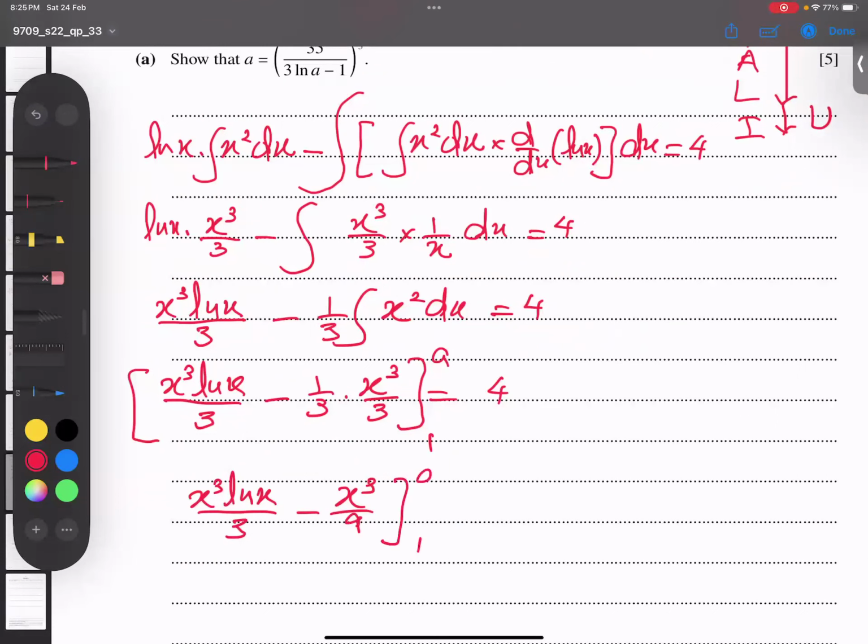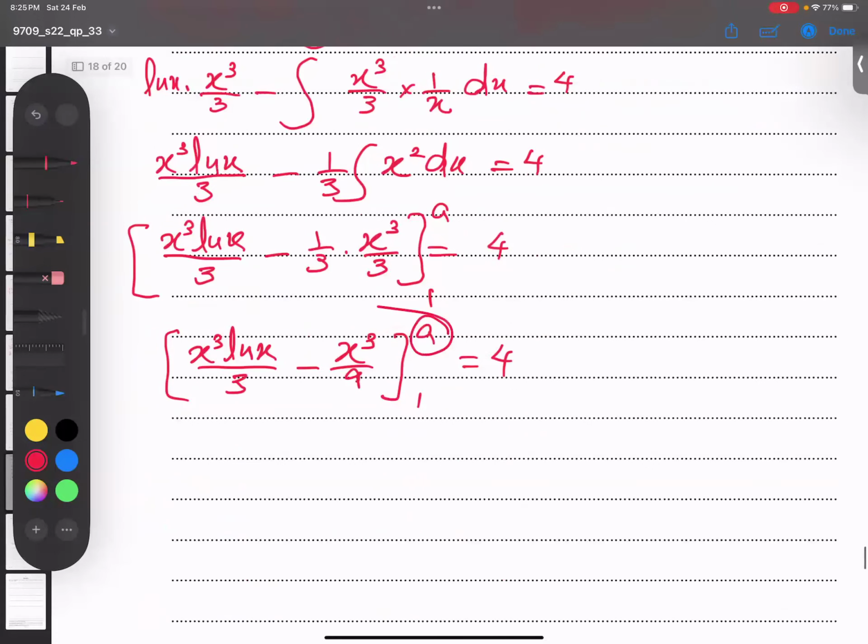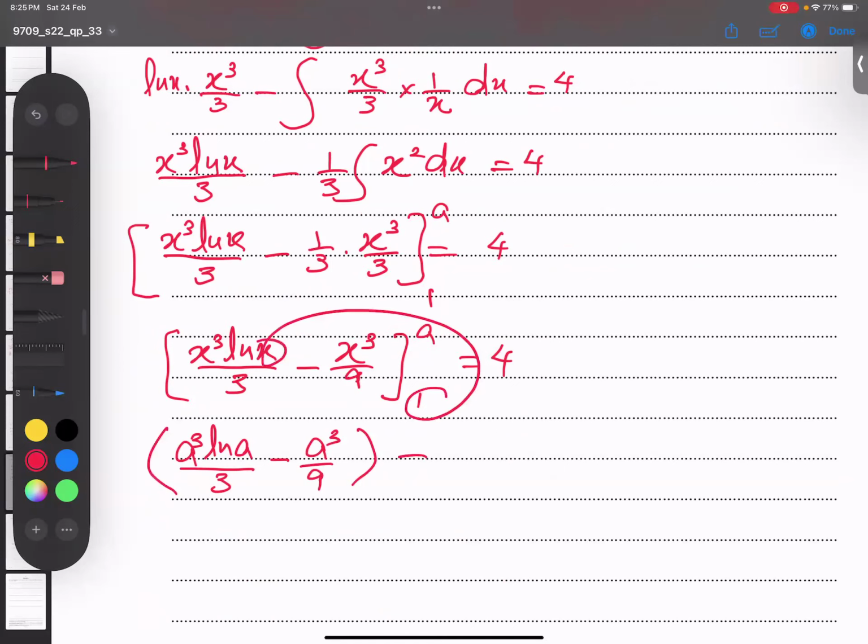And 1 to a limit, it is a very clear approach. Now what to apply? First of all, a will go here and here and here. So a cube times the logarithm of a by 3, and a cube by 9. Upper limit done, minus. When you plug in 1 here, log of 1 is 0. So the full function is 0. And 1 cube is 1, and 1 by 9 equal to 4.